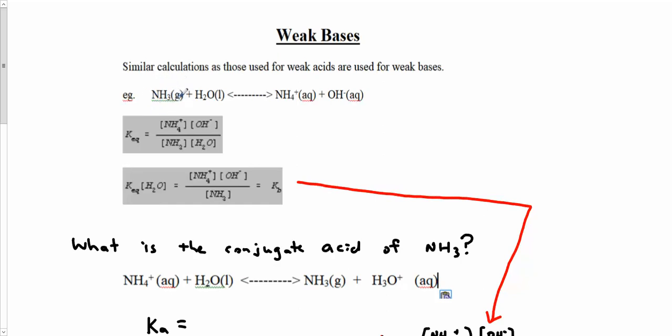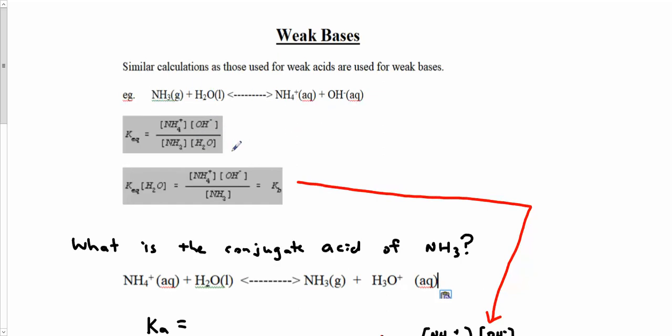If I write the equation for Keq for this, it's products over reactants. Exponents here are 1, 1, 1, 1, because the coefficients are 1, 1, 1, 1.